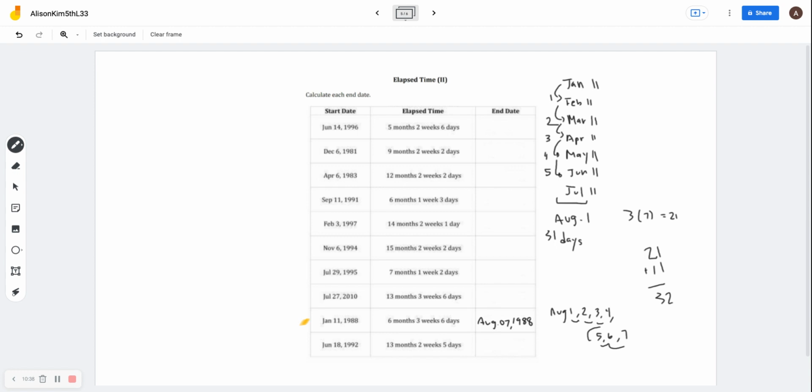If it's like 12 months, obviously it will be a year later, so you would have to add one more year. In mine it stayed in the same year, but for the other ones, it looks like you have to change the year as well.